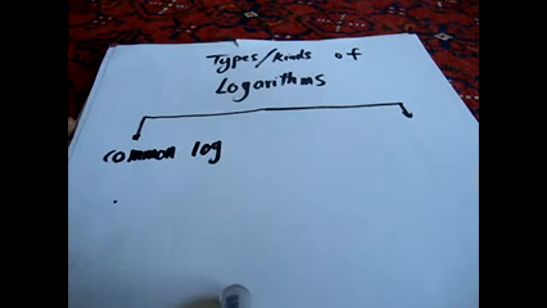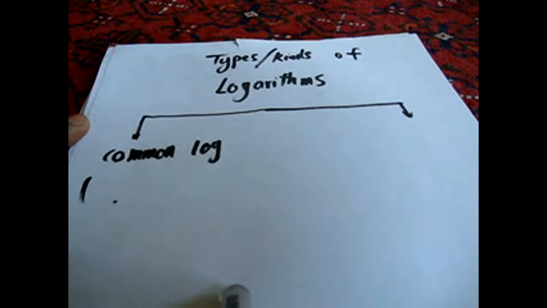The first one is common log. I'm not gonna write logarithm everywhere because it's really time consuming, so I'm gonna easily write it log. Common log, or some people prefer to call it decimal log.